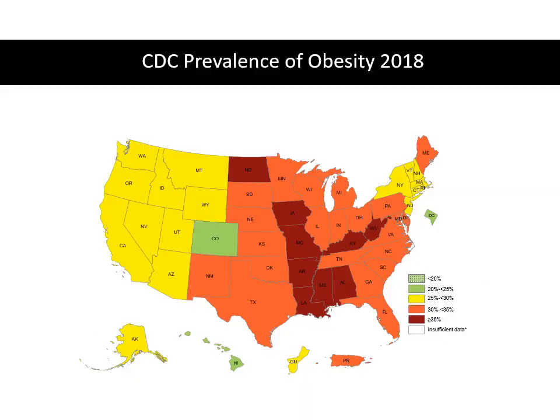So here we can see our CDC Prevalence of Obesity for 2018. They changed the reporting system in 2011, but from 2011 to 2018, we can compare the data. This is specifically focused on obesity. The issue is that overweight and obesity have both increased in this country, but obviously obesity carries more health risk.